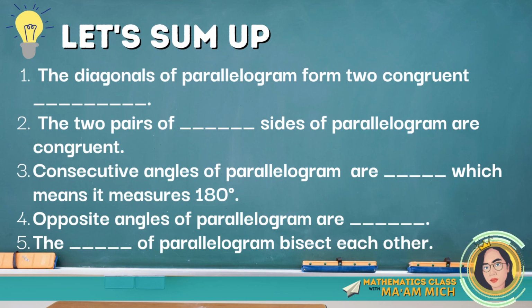Number 4. Opposite angles of parallelogram are blank. Number 5. The blank of parallelogram bisects each other. Are you done? Let's check.